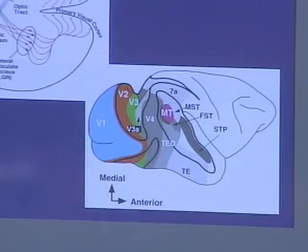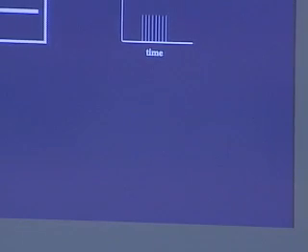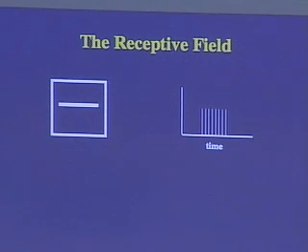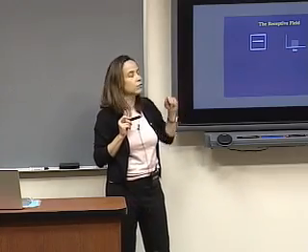One important feature of all these areas, and of the visual pathway, is the concept of the receptive field. This is the idea that individual neurons at each level of this pathway, especially in the early parts, respond to specific stimuli within a very confined region of the visual world, called the receptive field of the neuron.